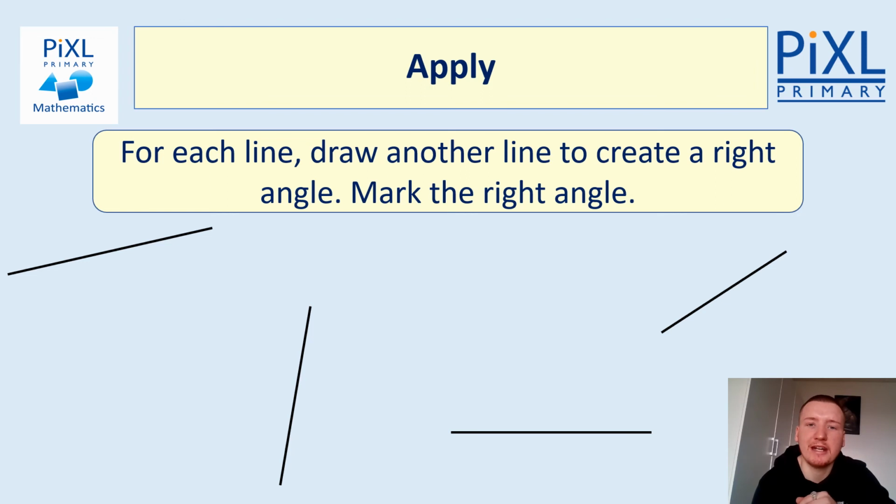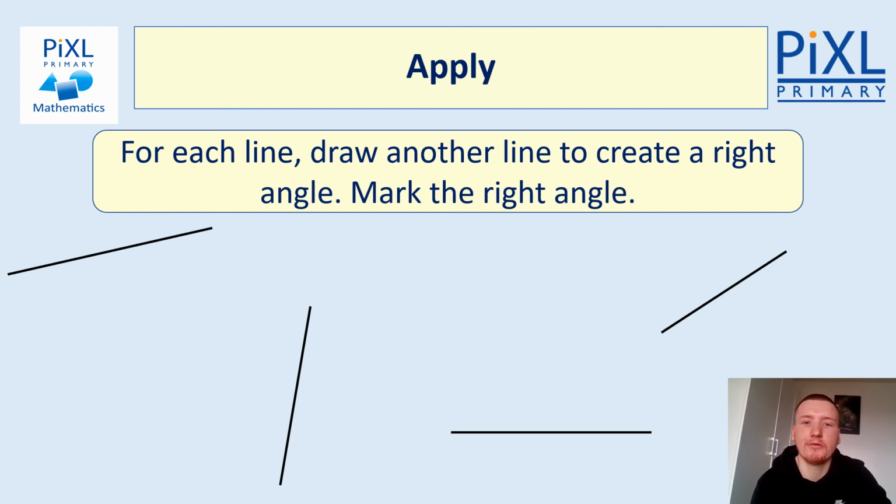If you have not printed out the slides, then you can draw different straight lines in different directions like I have done, and then you need to work out where the line will make sure that it has a 90-degree or right angle as we call it, and have a quick go. Pause the video, have 2 minutes to do this, and then come back to the video and I'll show you my answers.